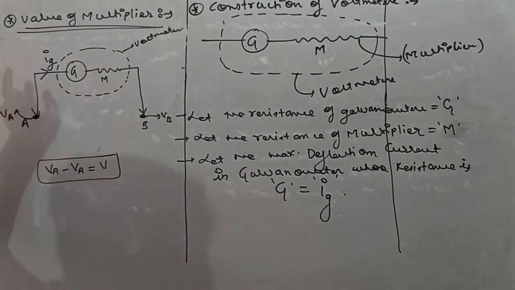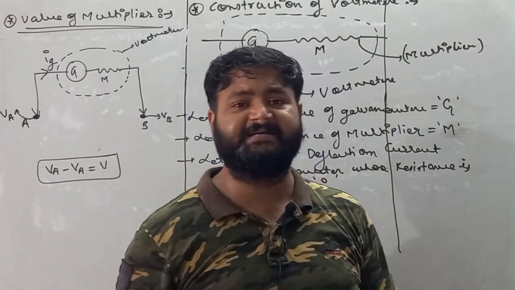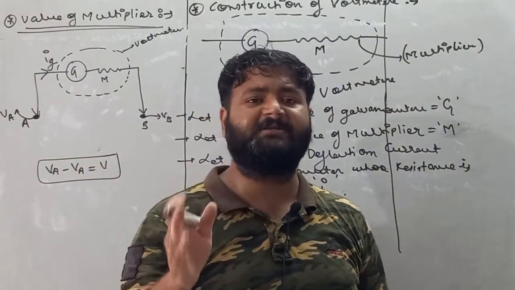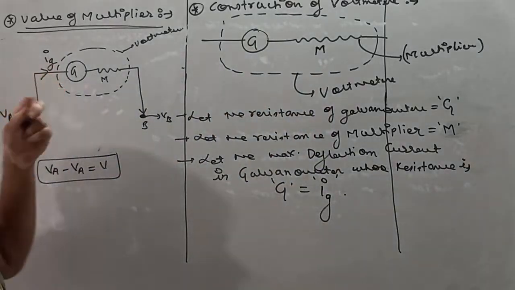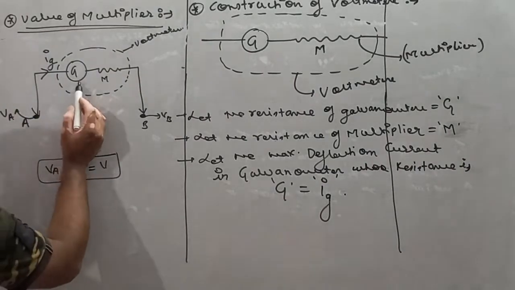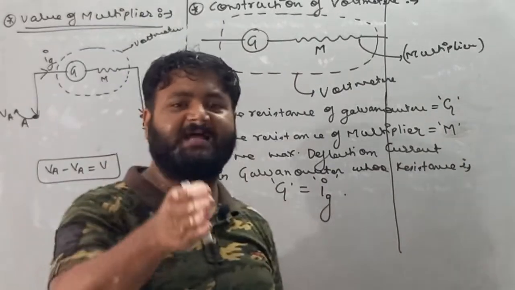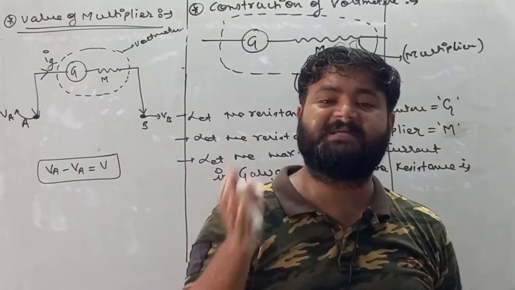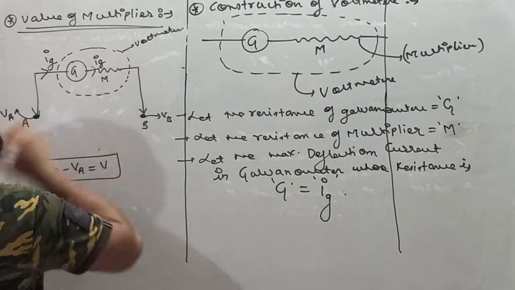If my galvanometer shows maximum deflection at Ig, only Ig current will go in this galvanometer. Since both are in series, both carry the same current, so Ig current is moving in multiplier as well.